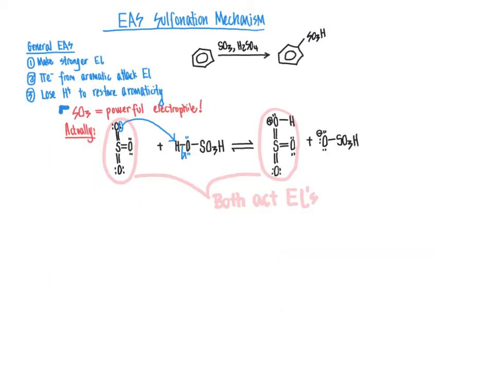So in this specific reaction, what we've done at the first step is we've created a mixture of potential electrophiles by reacting SO3 with H2SO4.